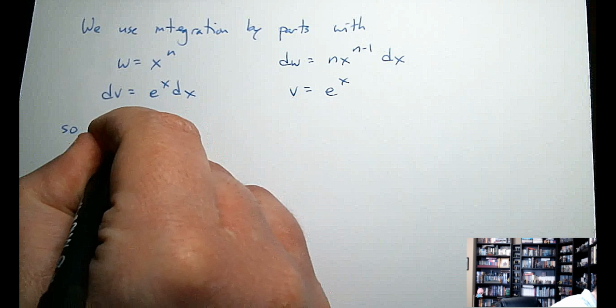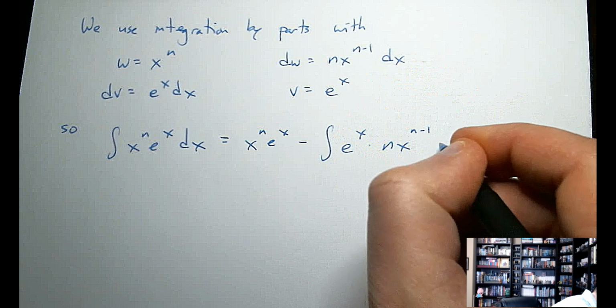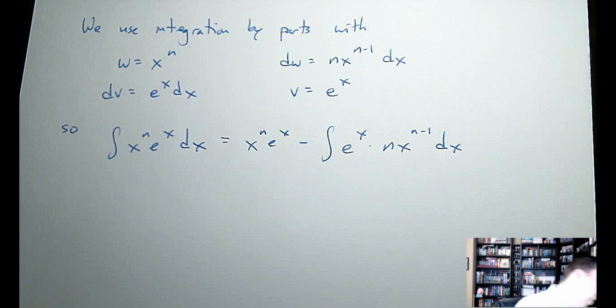So the integration by parts formula tells us that the integral of x to the n times e to the x is v times w, that's x to the n times e to the x, minus the integral of v dw. So let's see, that's going to be e to the x times n times x to the n minus 1 dx.